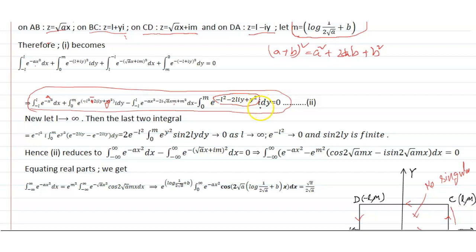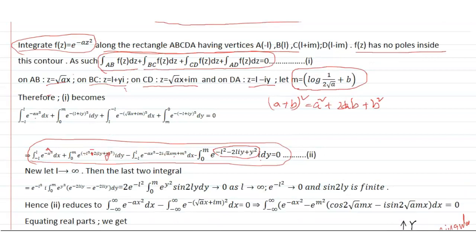And another factor is i dy, because you see that dz is equal to i dy. Another is i dy, everywhere it is i dy, because dz equals i dy.